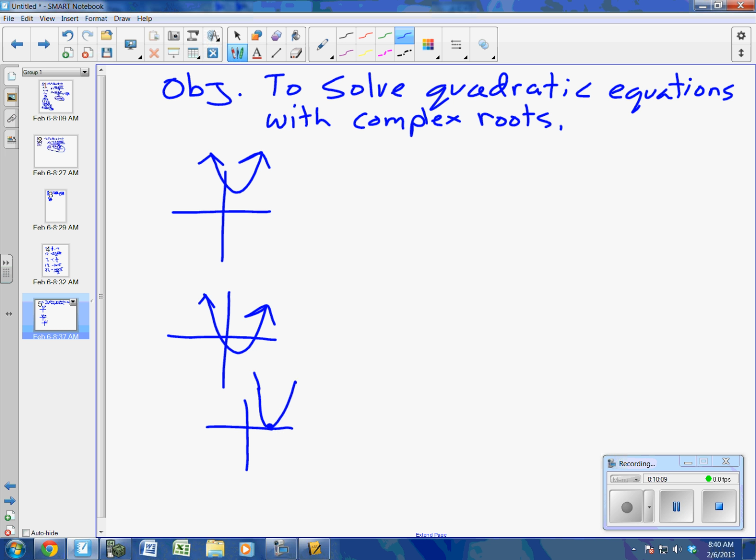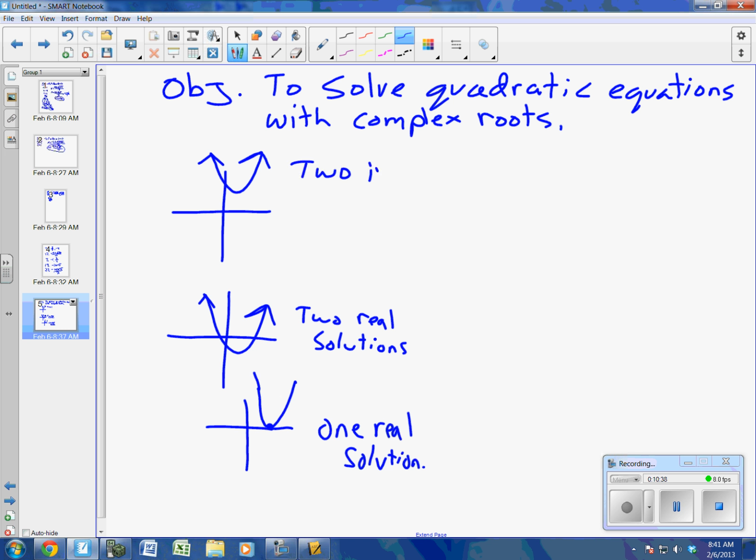And we found out that the ones that touched it one time had one real number solution, right? In other words, its solution was a real number. We found out that those that crossed it twice had two real number solutions. But we found out that if it doesn't cross the x-axis at all, it has what?